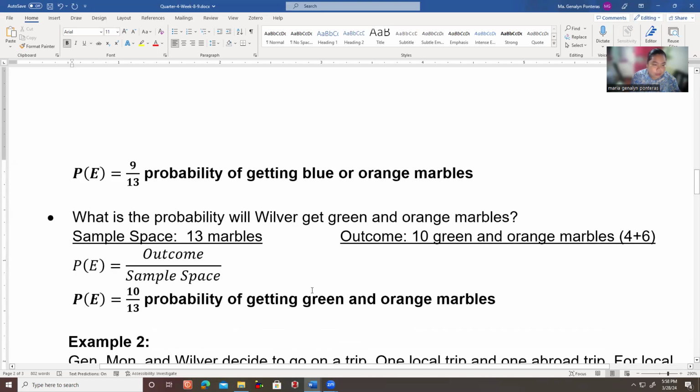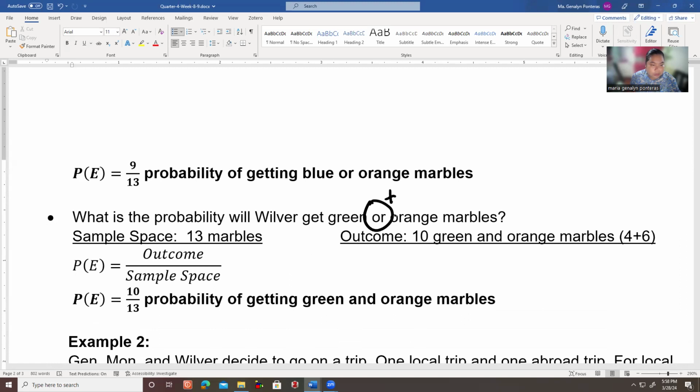And the probability that Wilbur gets green or orange. That's the right term. So "or" means plus. So you have here 4 plus 6, because in our previous example, green has 4 and orange has 6.